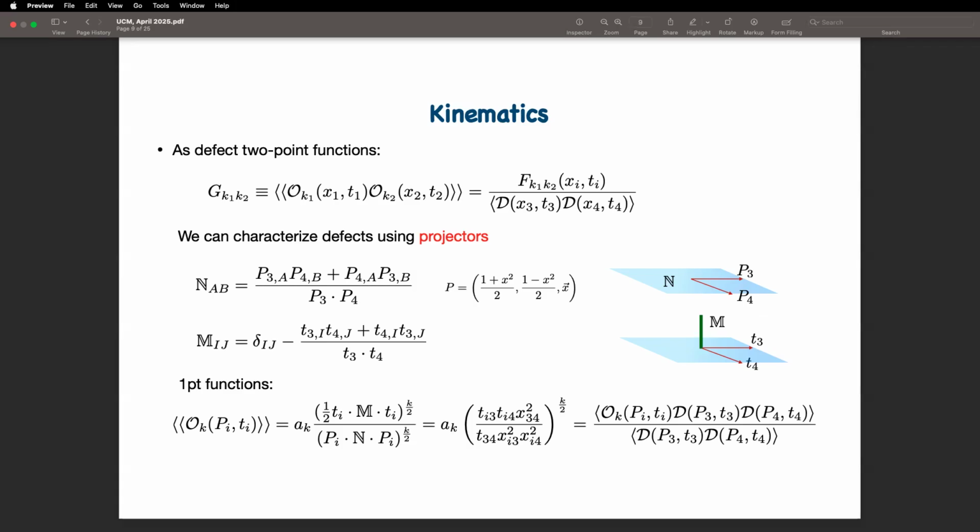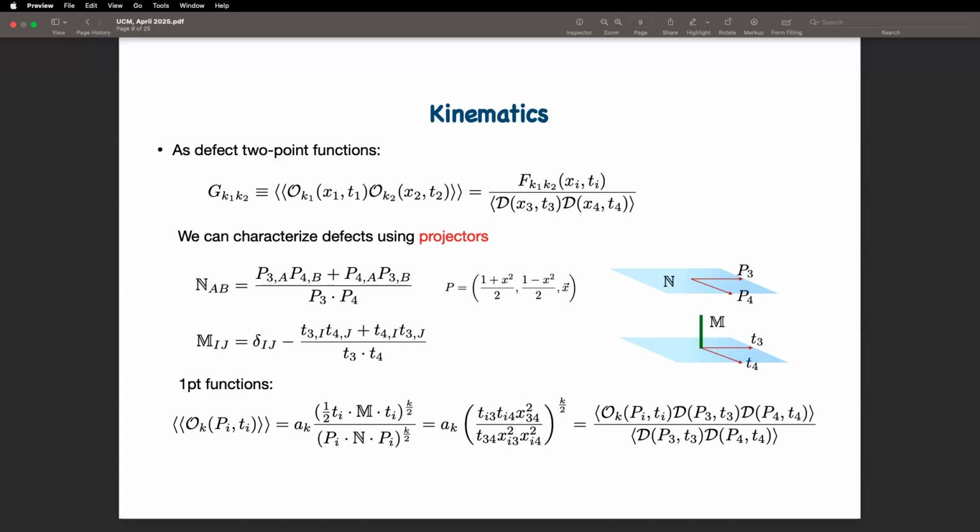You can define some projector which projects the space-time to the direction in which the defect is extended and also to the orthogonal space. And this language is actually more advantageous because, for example, if you go to p equals -1, it's not clear what you mean by in which direction the defect is extended.